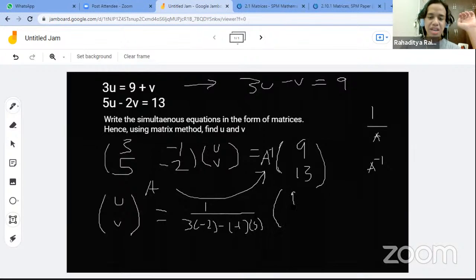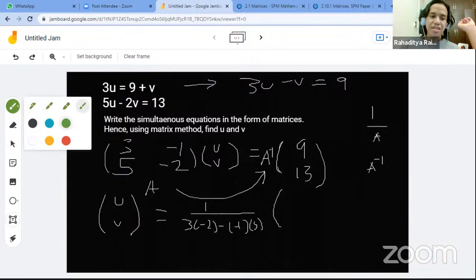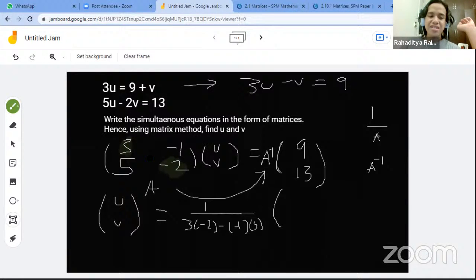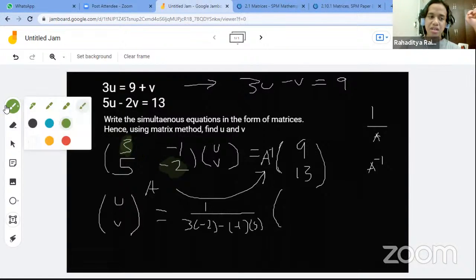Multiply this by 9, actually no, not 9, 13. Okay, I know I'm slowly rushing this, but I'll still ask you guys a question anyway. What do you do with the green numbers, the ones that are highlighted in green? Just to refresh your memory a little. Switch position, yes.